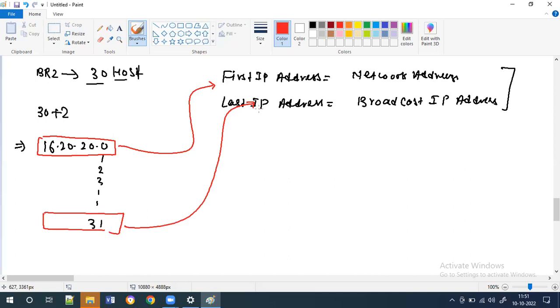These two IP addresses cannot be assigned. Then the valid IP addresses start from 1 to 30.